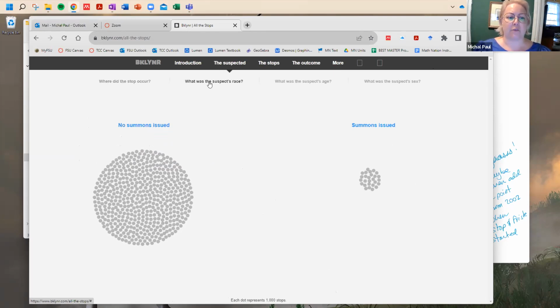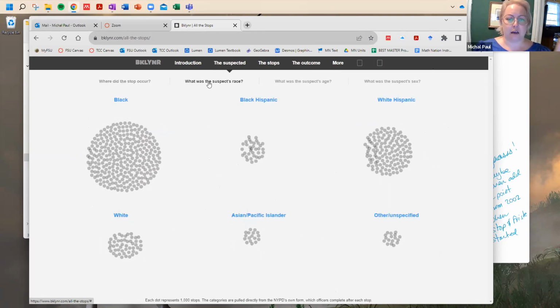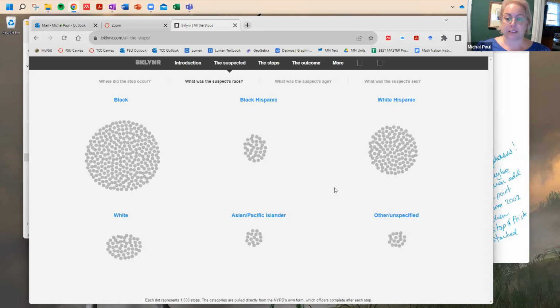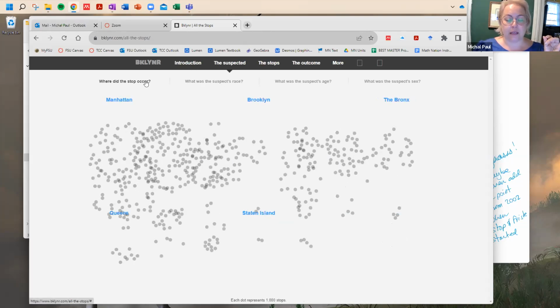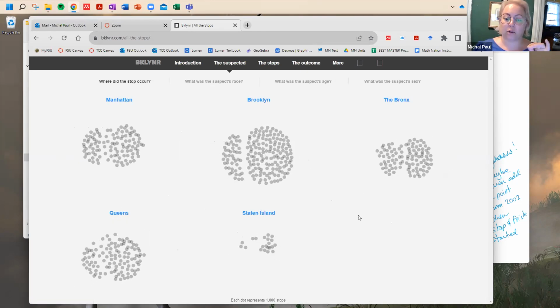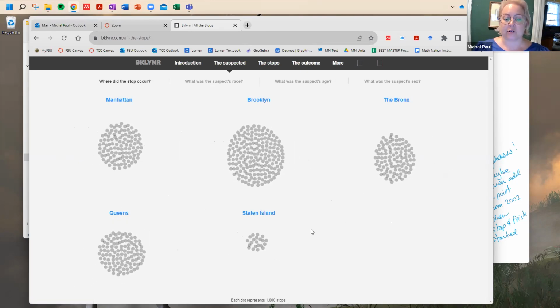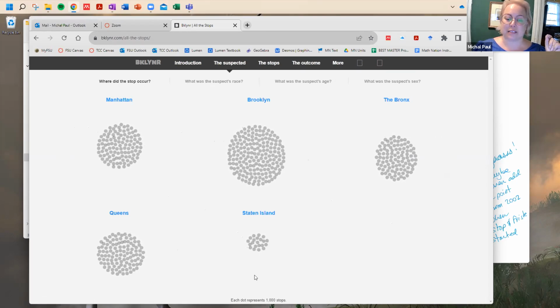So the fact that we have mostly young Black men or young Hispanic men being stopped, and that they were being stopped in boroughs that were largely multiracial, as opposed to Staten Island, which is very much occupied by white people.